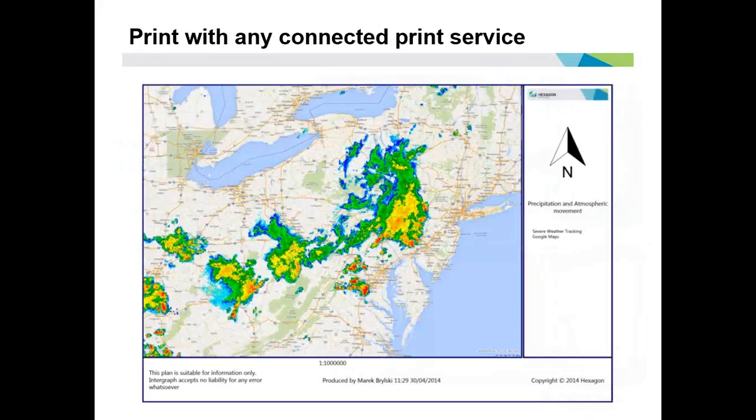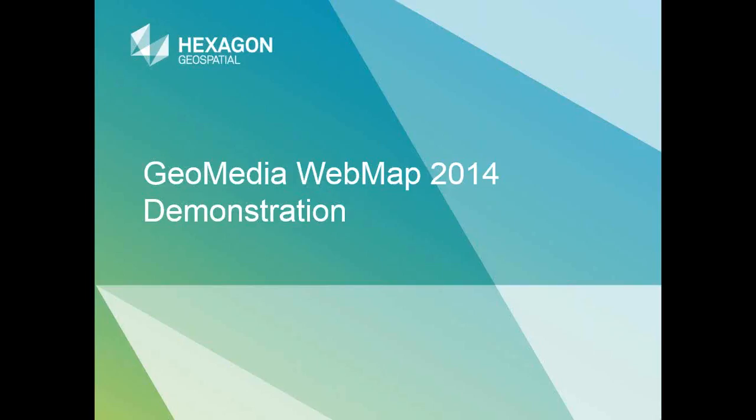With GeoMedia WebMap 2014, it supports Chrome, it supports the latest versions of IE, so it supports all major browsers. As a lot of government agencies have to get off IE8, GeoMedia WebMap 2014 is a good answer to that. It also supports native SVG, which is embedded in the browser, so you don't actually have to use the Adobe SVG control.